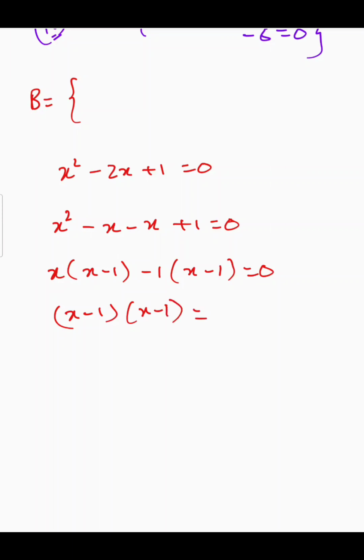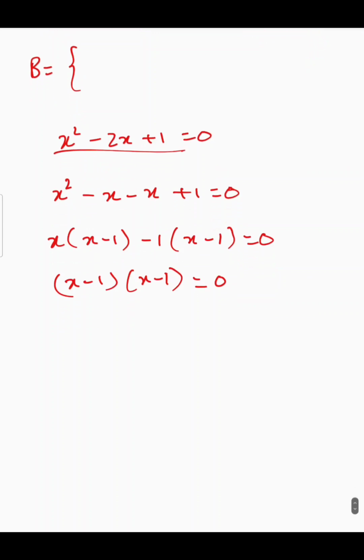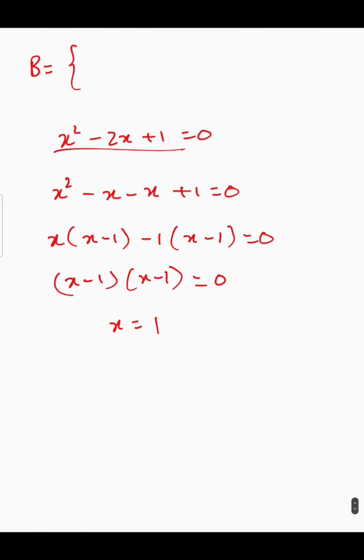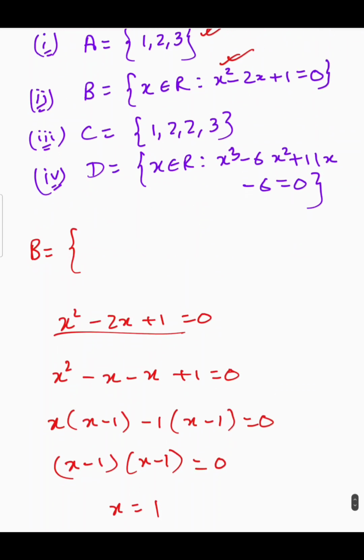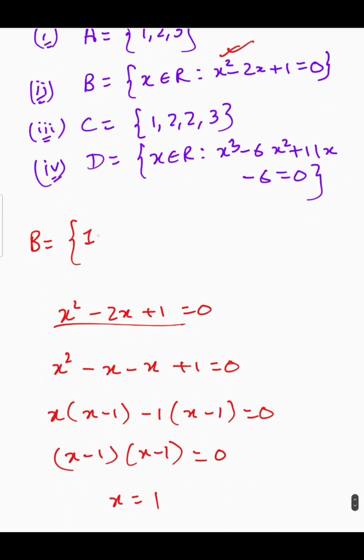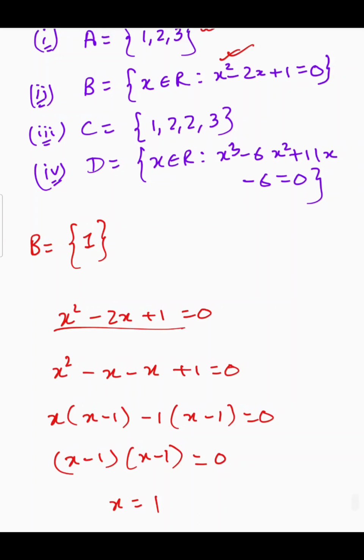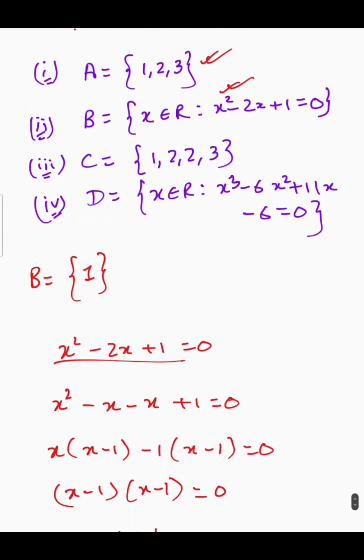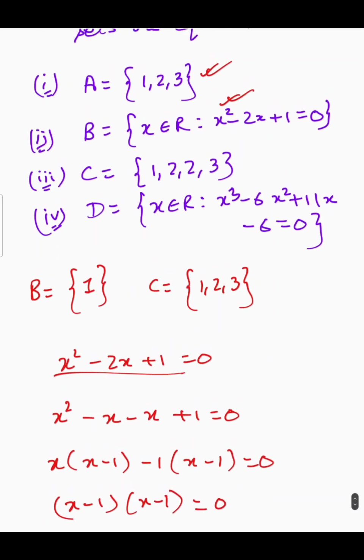Yes, absolutely, this is the square formula. So x is equal to 1. So set B is 1. Next, see about C. It is 1, 2, 3. So A and C are equal.